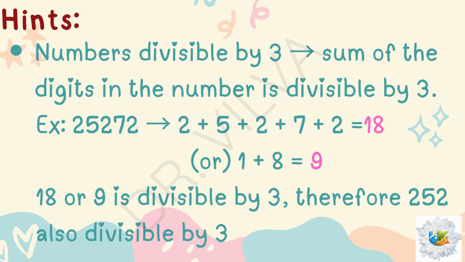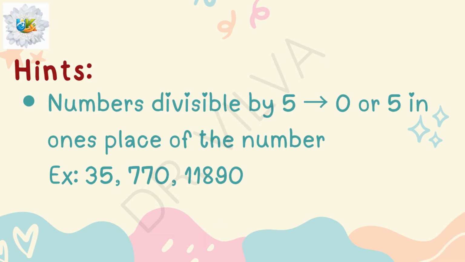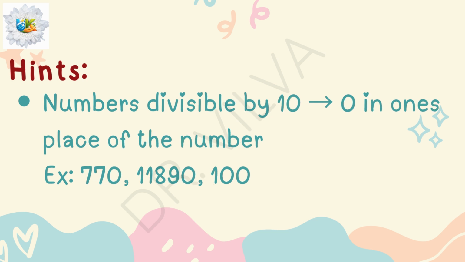For example, in the number 18, the digits are 1 and 8. 1 plus 8 is 9. Since 9 is divisible by 3, 18 is also divisible by 3. As we have discussed before, if an integer ends in 0 or 5, it is divisible by 5. Additionally, if an integer ends in 0, it is also divisible by 10.